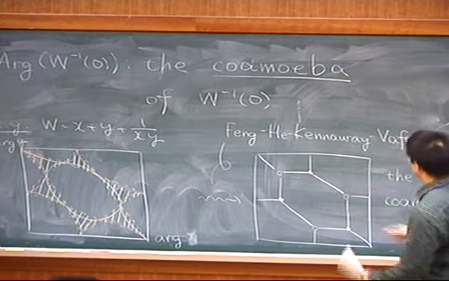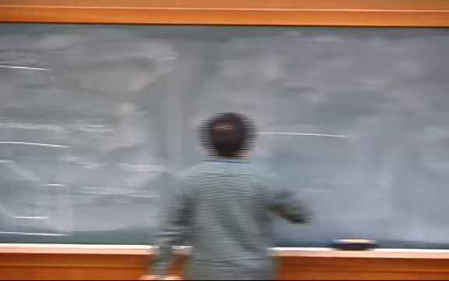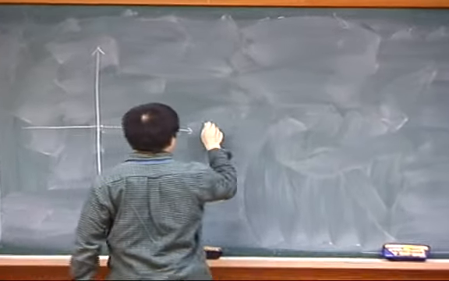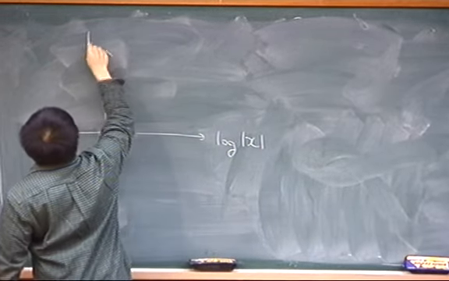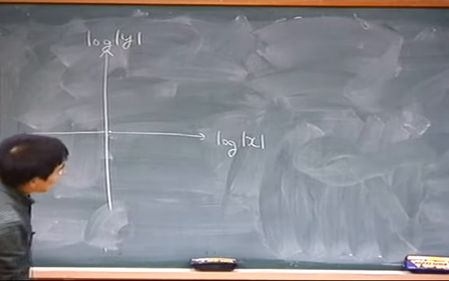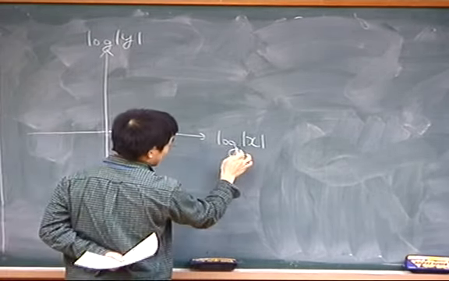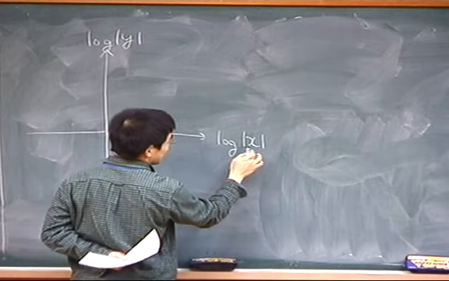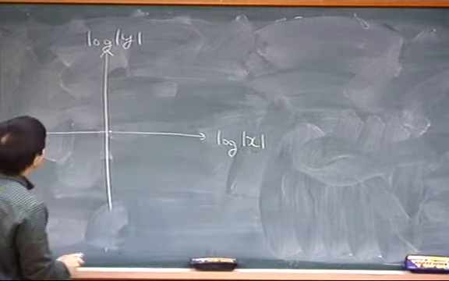In this case, the amoeba is a map of a variety of a torus, not by the argument map, but by the map which sends a coordinate to the log of absolute value of that coordinate.